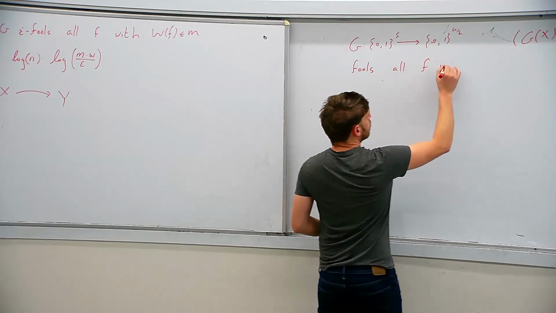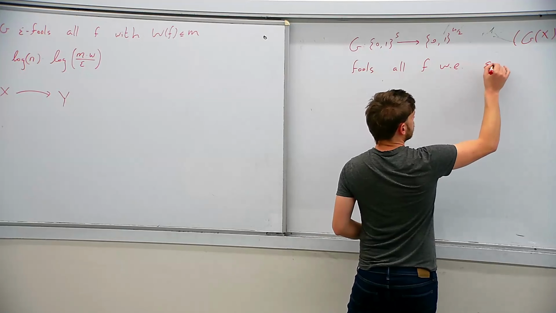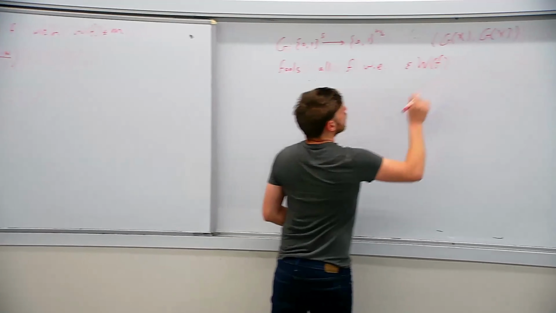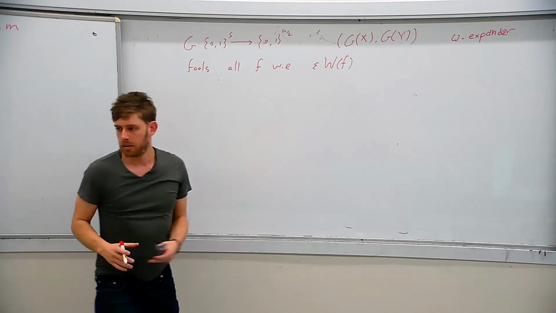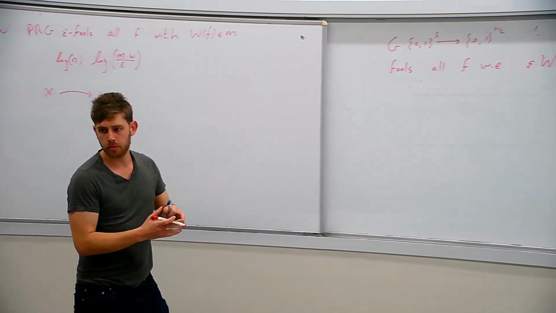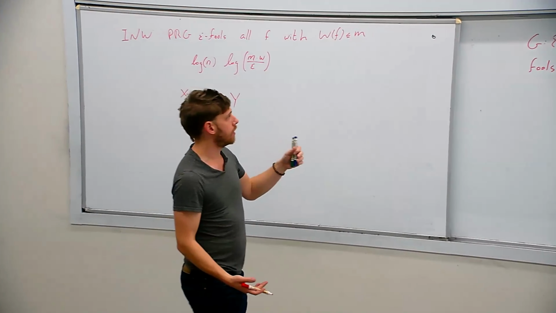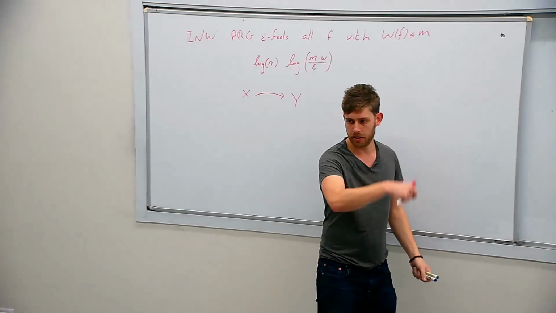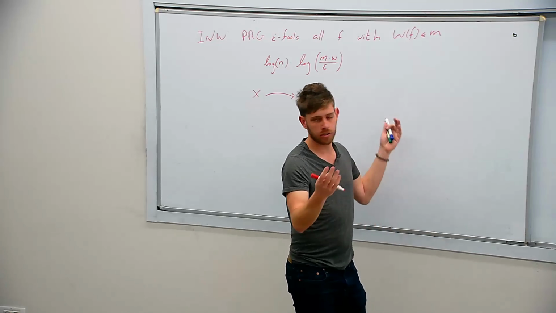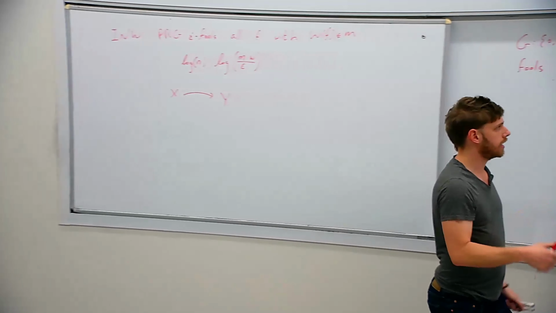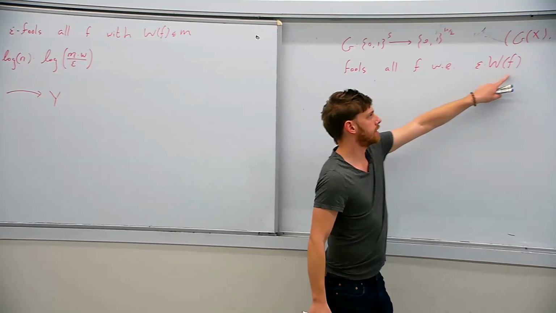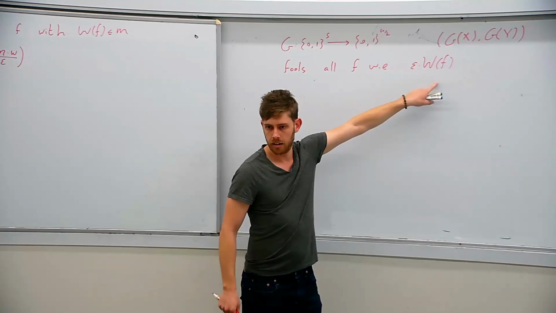Assume G fools F with epsilon times the weight of it. Okay, why do I need the weight of it here? Because in every ROBP we can just multiply all the Q's in the last layer, and then it goes through the linearity of expectation. Okay, so this is the right way to measure the PRGs.